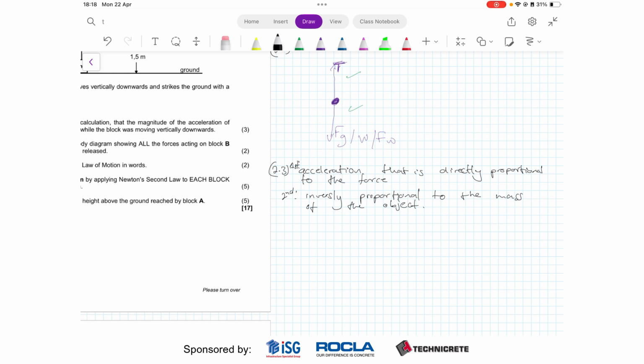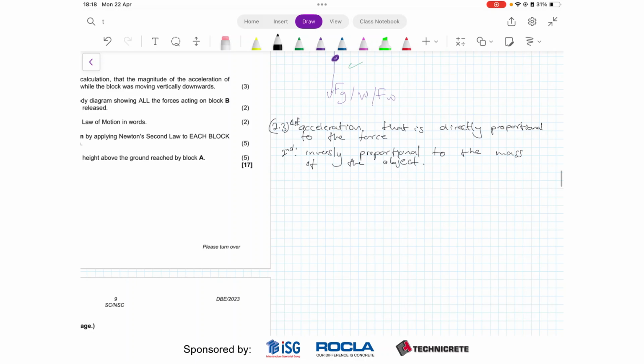So how would you tie in these two key phrases together? What you would then say is, when a resultant force acts on an object, or when a net force acts on an object, the object will accelerate in the direction of the force with an acceleration that is directly proportional to the force and inversely proportional to the mass of the object. That is how you tie it in.